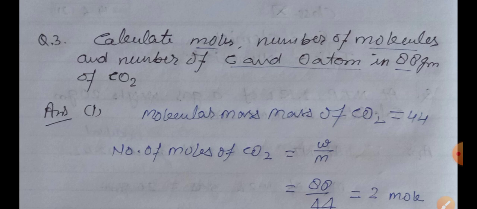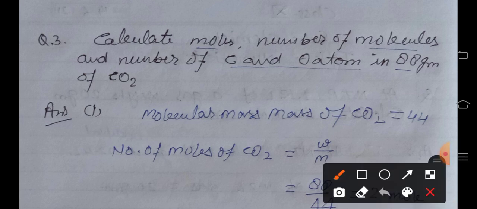The molecular mass of carbon dioxide is 44. How does it come? The atomic mass of carbon is 12 and the atomic mass of oxygen is 16. Here there are 2 oxygen atoms, so 12 plus 2 × 16, that is 12 + 32 = 44.